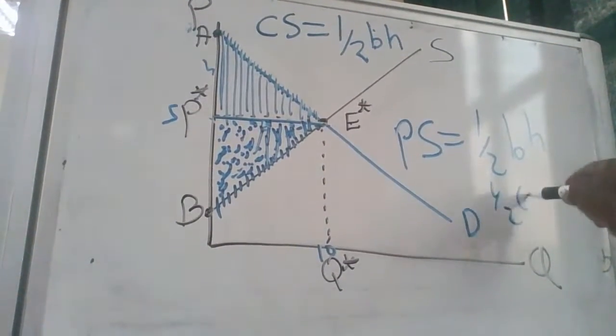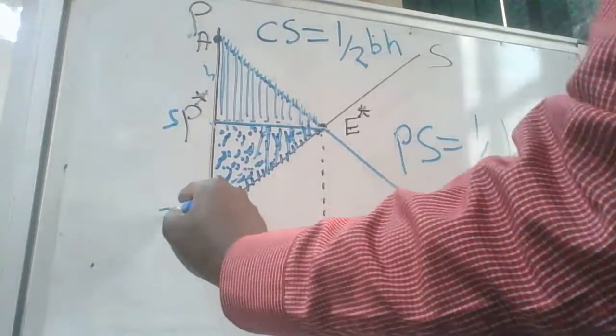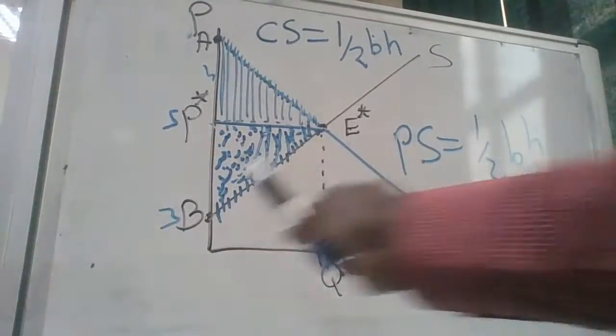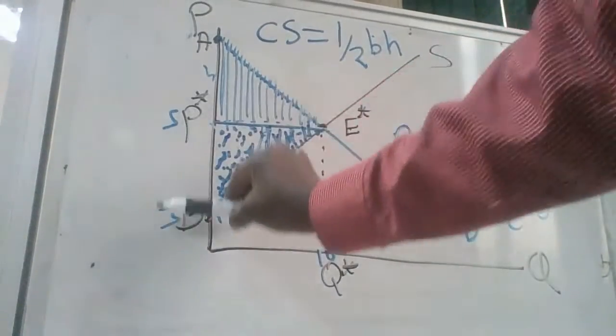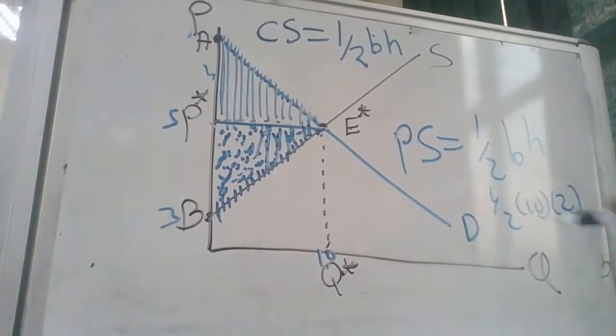So we'll have half multiplied by 10, and our height will move. Let's pick this one to be, say, 3. Okay? So if this is 3, then we subtract 5 minus 3, we get 2. So this part will be 2. And therefore, our producer surplus will be equal to 10.